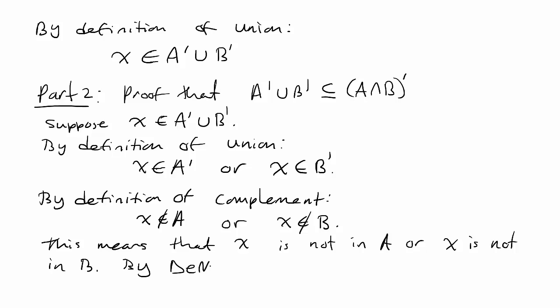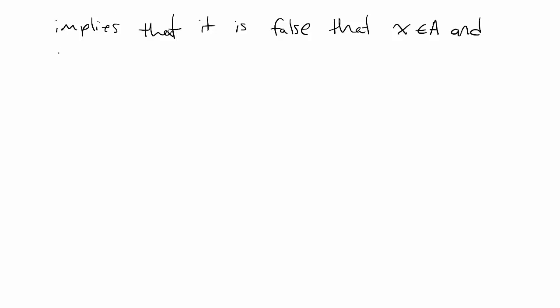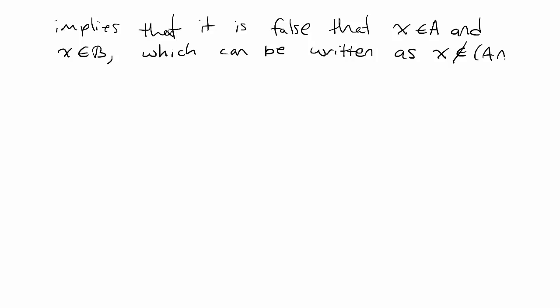So by De Morgan's laws of logic, this implies that it is false that X is an element of A and X is an element of B, which can be written as X is not an element of A intersection B. And this is by definition of intersection.